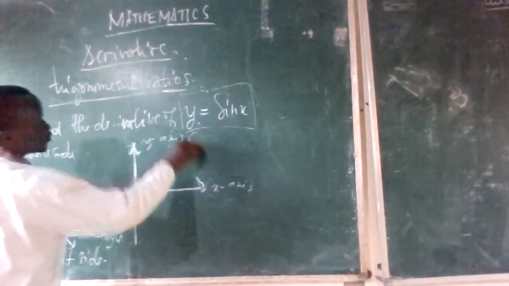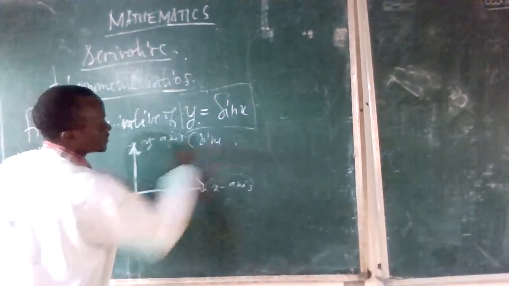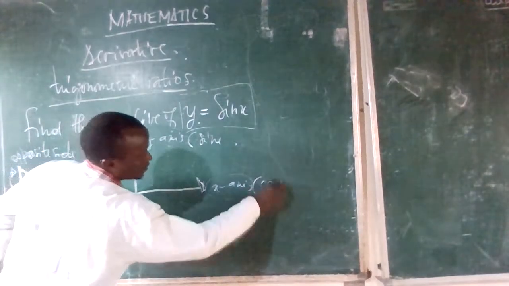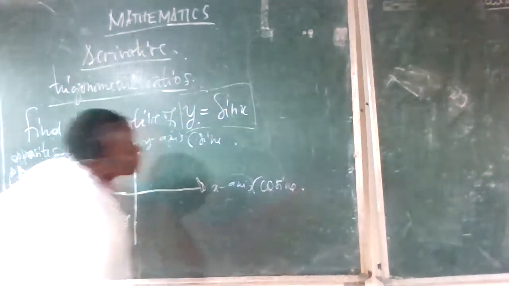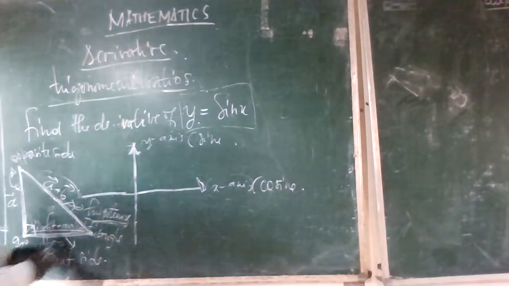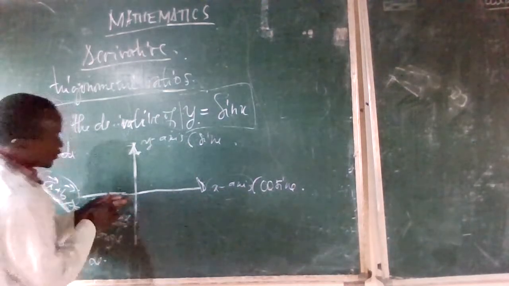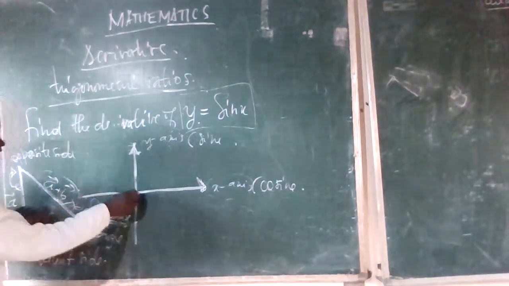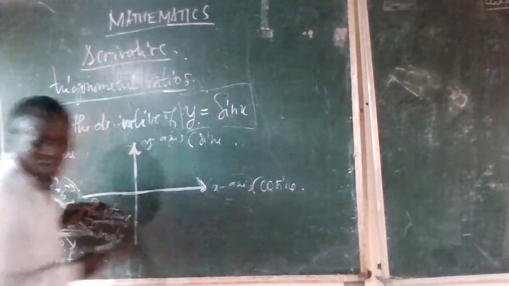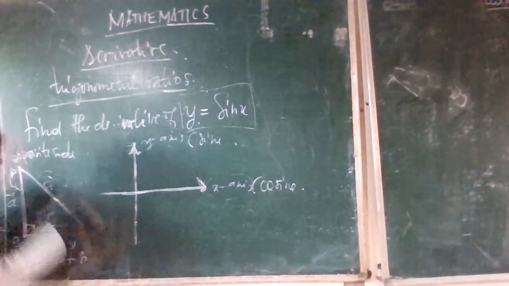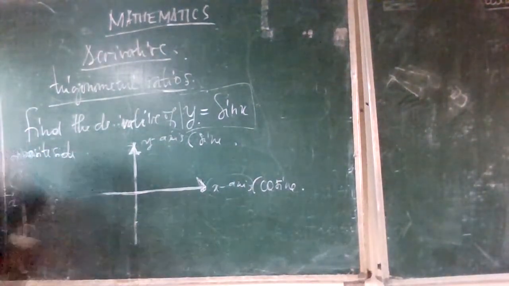On y we have sine, right? But on x we have cosine. Are we together here? Also here, we are on the left side; on the right side of our x-axis, what should we have? Who can guess?